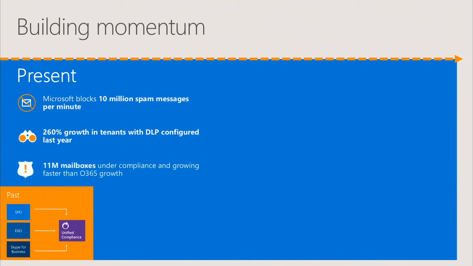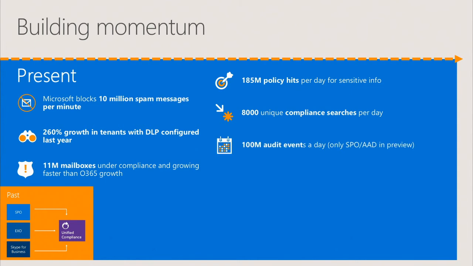Every minute, we've got 10 million spam messages that are being blocked in the service. We're seeing massive amounts of growth in DLP. We have 185 million hits today for sensitive information in the service, authored by policy and you. And you can kind of see as I go through this, the numbers are massive.